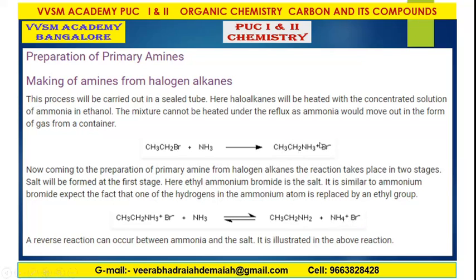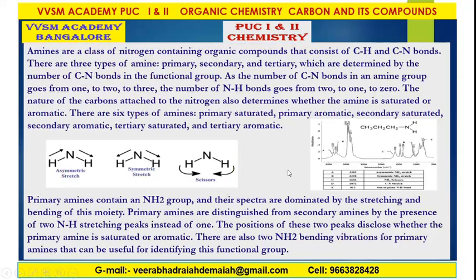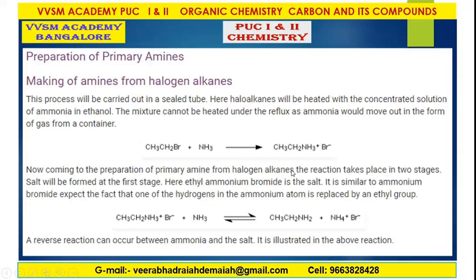In the net reaction, the ethyl ammonium bromide cancels out, and if you add up the two reactions with two molecules of ethyl bromide, you will get ethylamine and ammonium bromide. A reverse reaction can occur between ammonia and the salt, as illustrated in the above reaction. It is a reversible reaction.